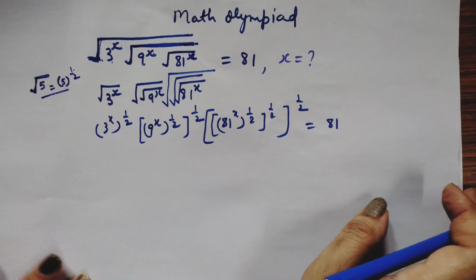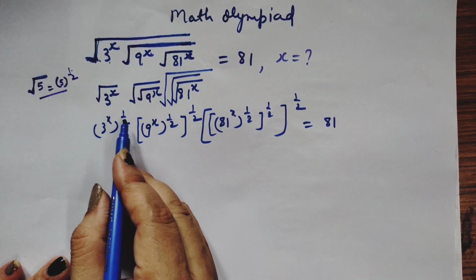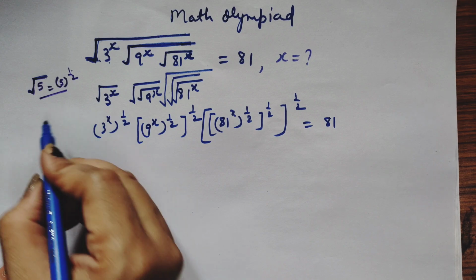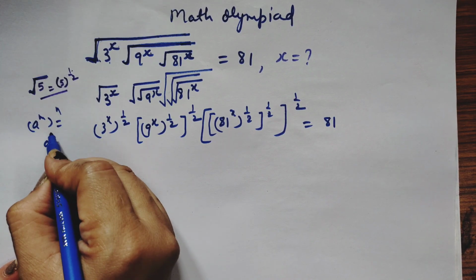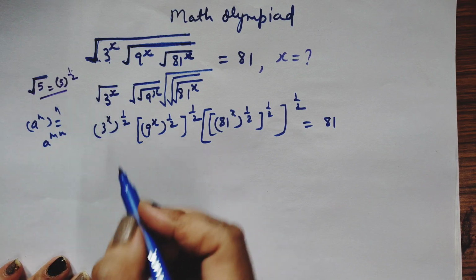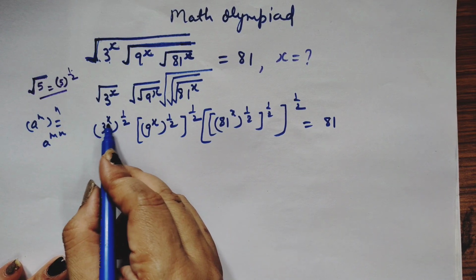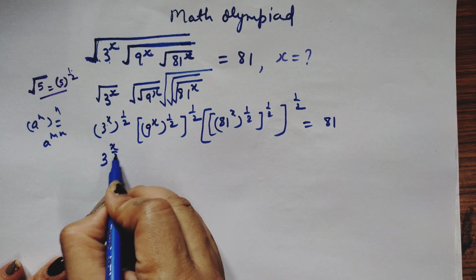Now you can see this x multiplied by 1 by 2 by the law of exponent. A power m whole power n, this law says a power mn, power to power. So it is 3, x multiplied by 1 by 2 is x by 2.